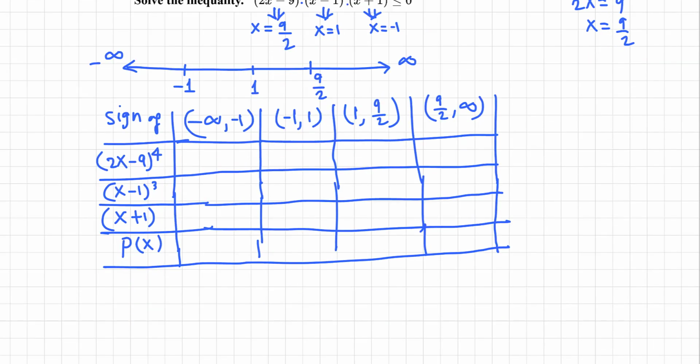So pick a representative. In negative infinity to negative 1, anything in between, maybe negative 2, here maybe 0, then 1 to 4.5 maybe 2, and after 4.5 let's take 5. And we plug this number into each of these 3 factors, and then we write plus or minus, and then find the sign of the polynomial.